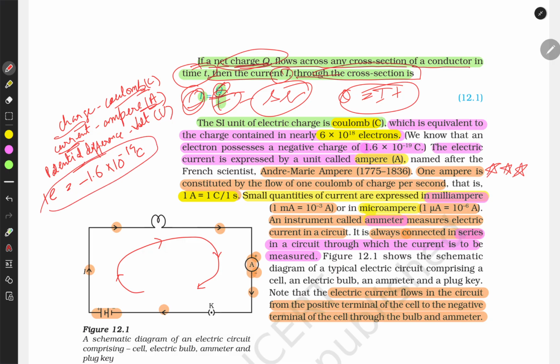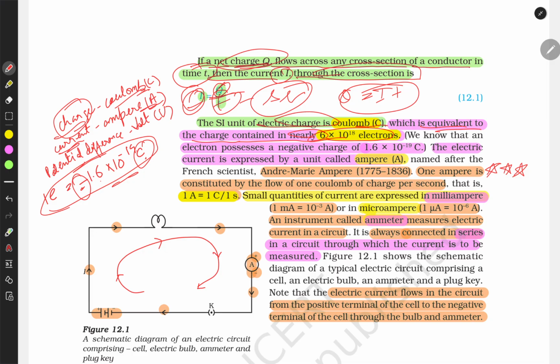One electron has a negative charge of minus 1.6 times 10 to the power minus 19 coulomb. The SI unit of electric charge is the coulomb, which is equal to the charge contained by nearly these electrons.